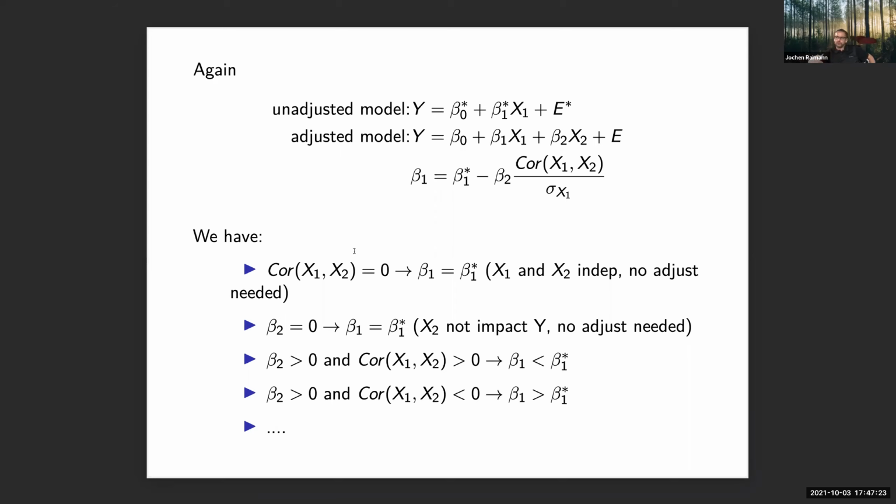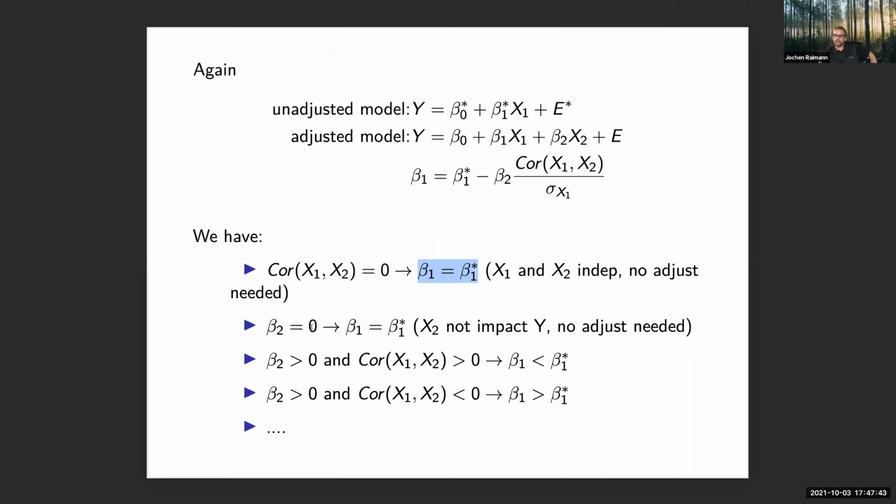Therefore, a correlation of x1, x2 equal to 0 will imply that beta 1 and beta 1 asterisk are the same, because this term drops off. It becomes 0, and the coefficient multiplied by 0 is 0.